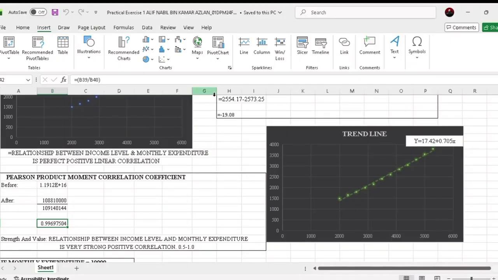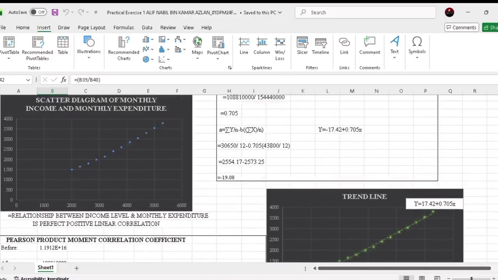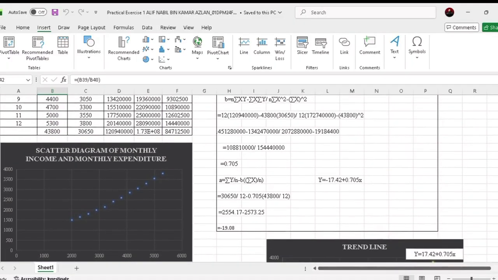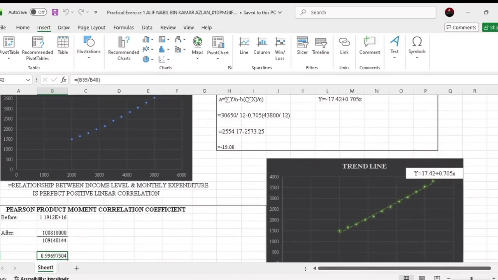So for question C, it asks us to display the trend line to visualize the relationship between the income level and monthly expenditure. To solve this question, it has the same steps as the scatter diagram of monthly income and monthly expenditure. You just select the monthly income and monthly expenditure columns and rows, go to insert and choose scatter diagram. Then you can put the graph wherever you want.